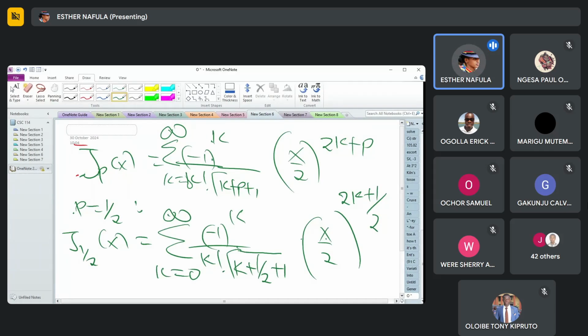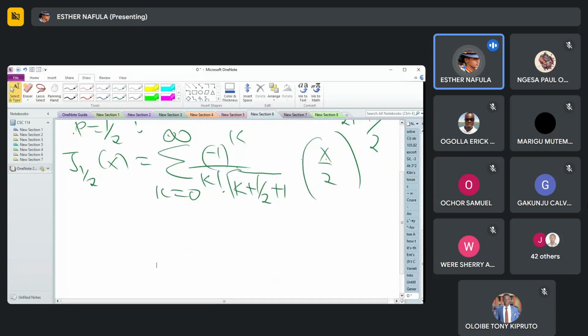This is the formula we use to obtain J half of x. So we need to plug in a few values of k, then see the series we come up with.